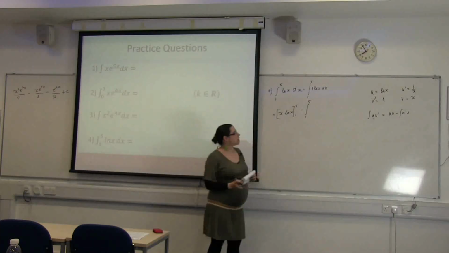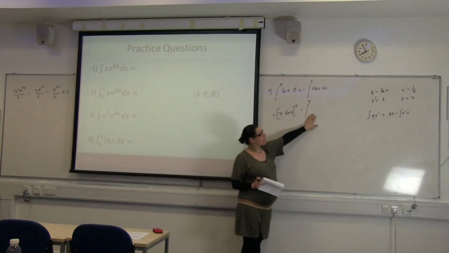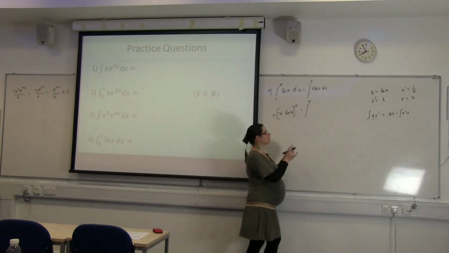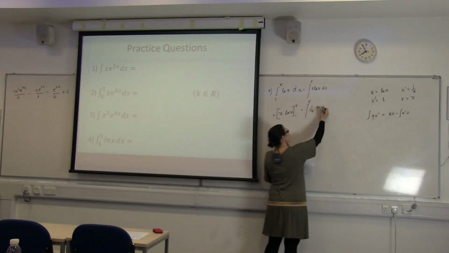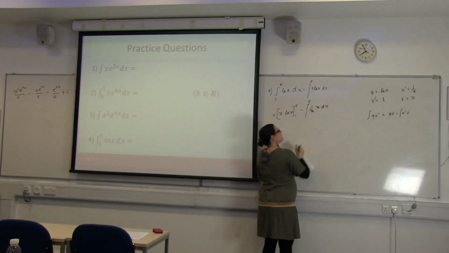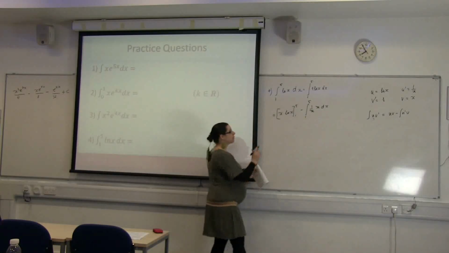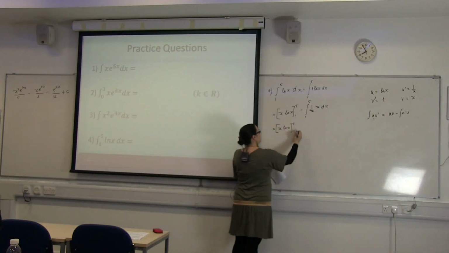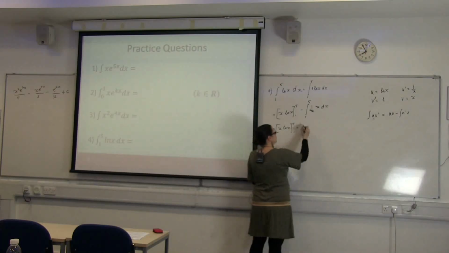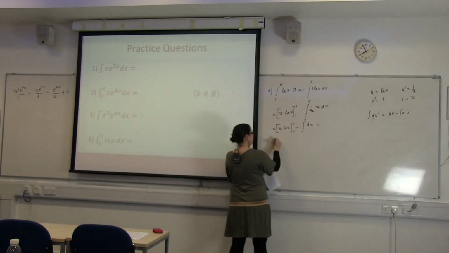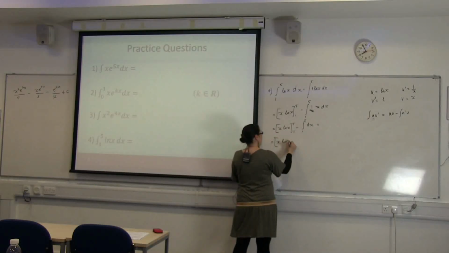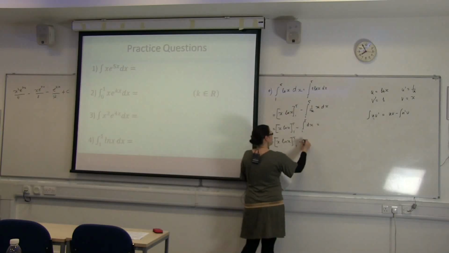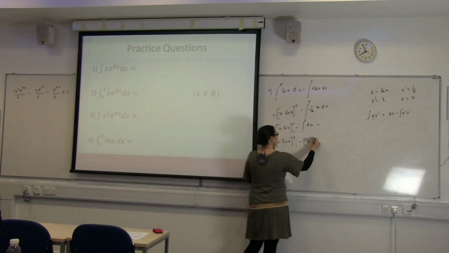Okay, so what will be here now? 1 over x times x dx. But isn't that handy? So I've got x ln x between 1 and 5 minus integral 1 to 5 dx. Which is basically x ln x between 1 and 5 minus x between 1 and 5.